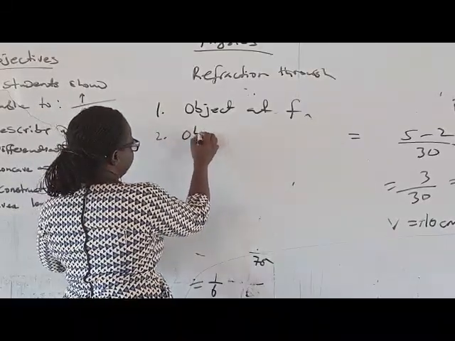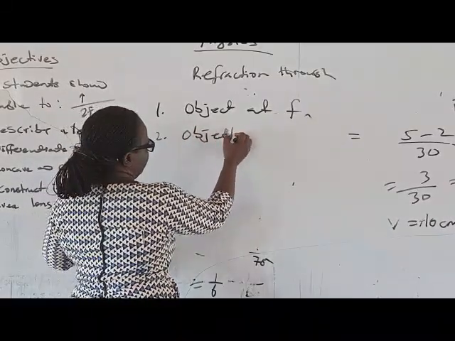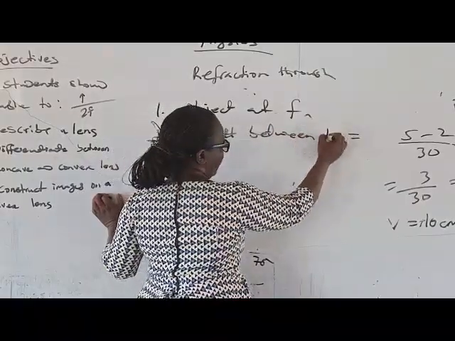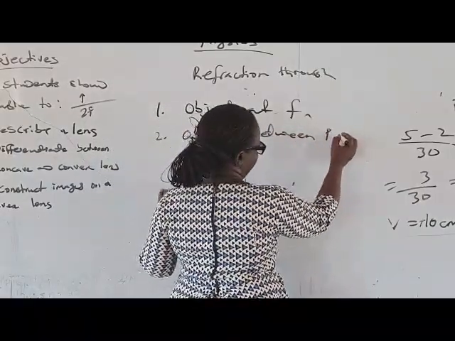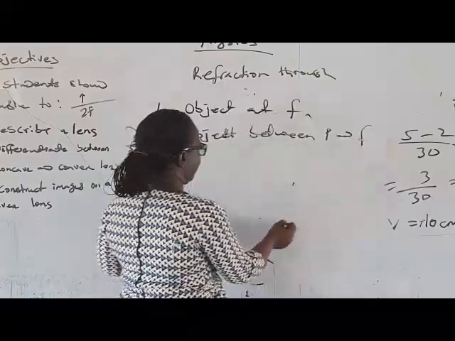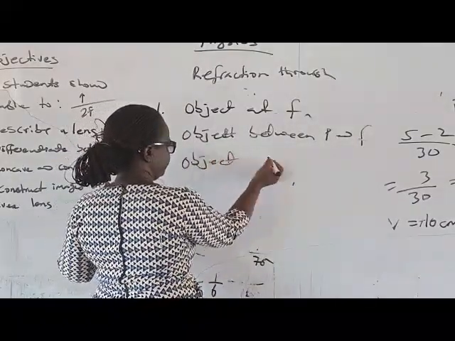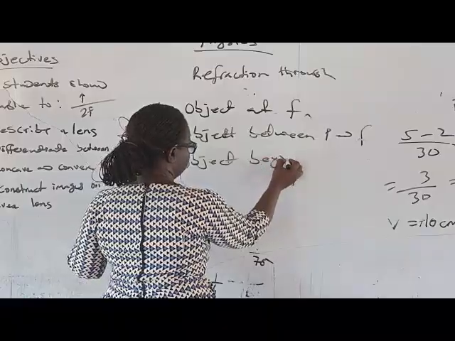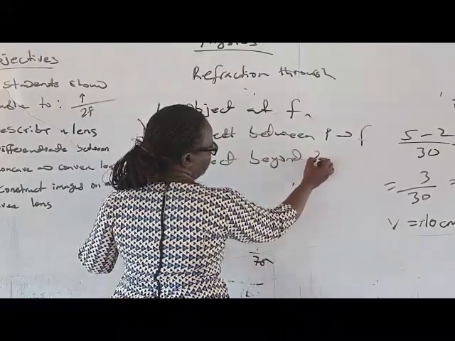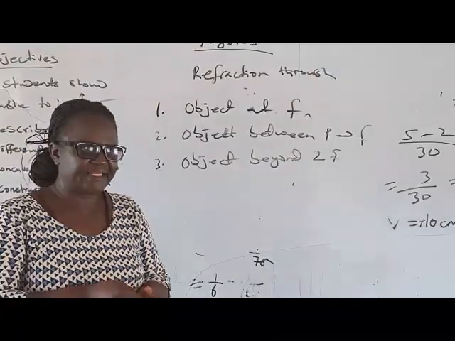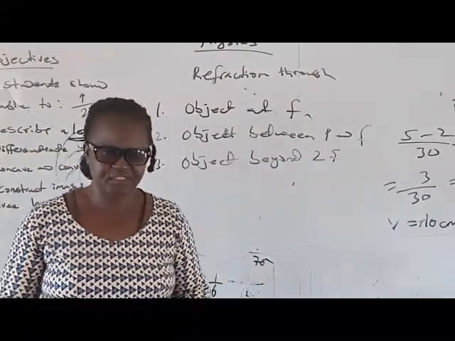Place the object between the pole of the lens and the principal focus. 3. Place the object beyond 2F, twice the principal focus, and then investigate the characteristics of the image and see what you get.